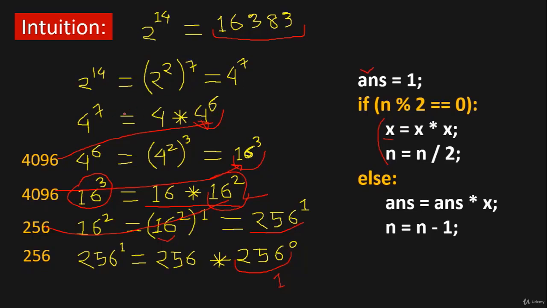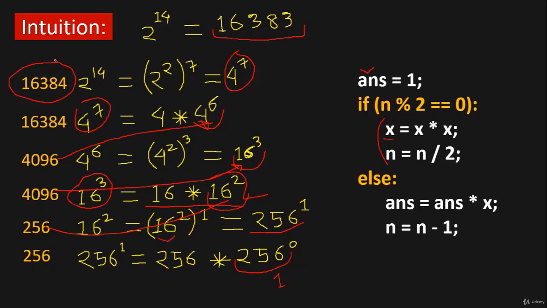So 4 times 4 to the power 6, that means 4 times 4096, equals 16,384. This is equivalent to 4 to the power 7. So it will be returned to this 2 to the power 14. And this is our answer to this problem. We see we have 16,384.